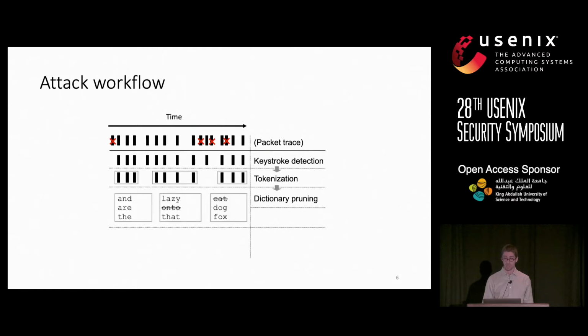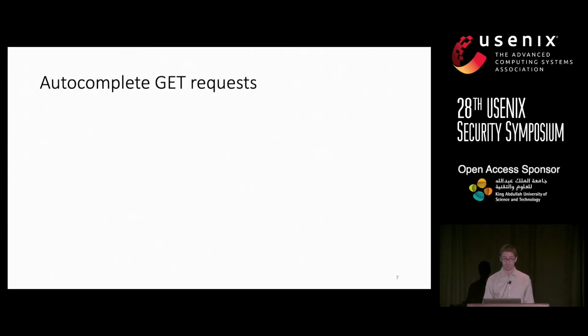Next, build up a dictionary of words for each token and eliminate words from that dictionary based on information leaked through header compression. Rank the words based on their timing. And finally, combine these results with the language model to build a list of hypothesis queries that the user might have searched for.